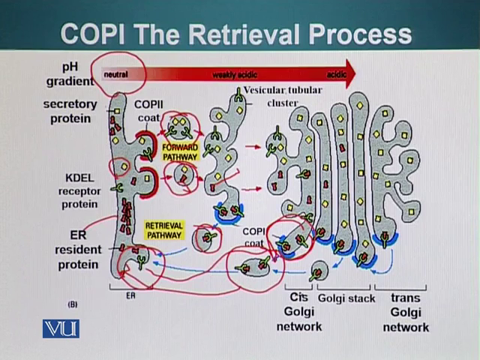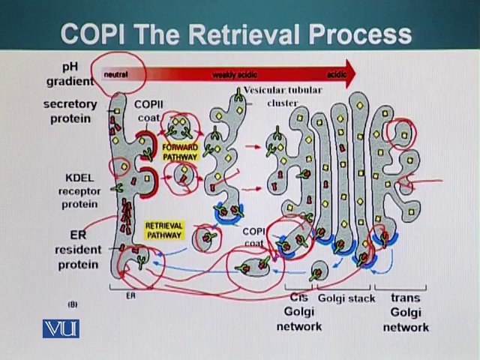As we continue moving from the cis Golgi network to the trans Golgi network, the concentration of the yellow squares keeps on increasing and the red proteins keep on decreasing. Especially in the trans Golgi network, it's pretty much all Golgi proteins or proteins that have to be secreted. All the ER proteins have been collected and returned to the ER through different subsequent steps.